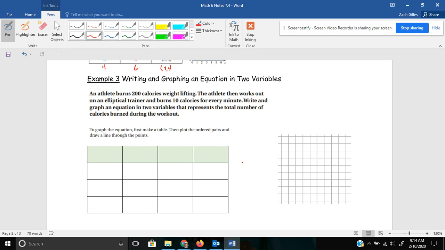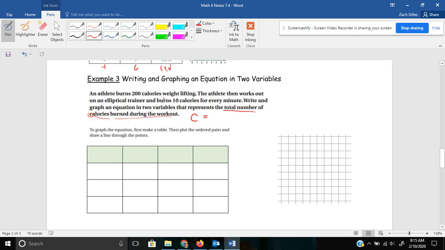So I'm going to be thinking, what do we want to find? Total number of calories burned during the workout. I'm going to call that C for calories. The total number of calories that I burned is going to equal, well, I did two things.